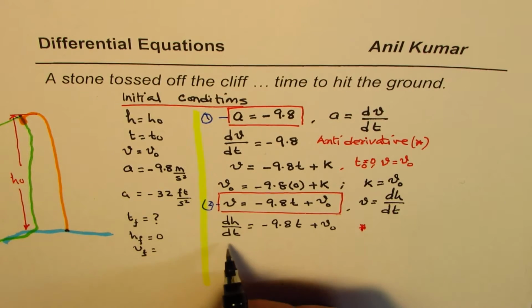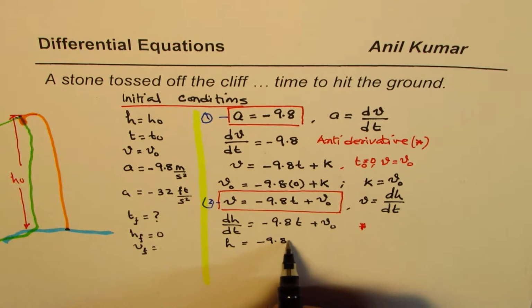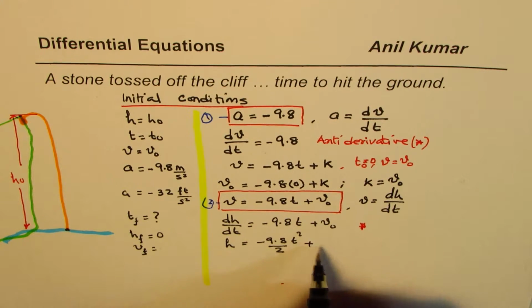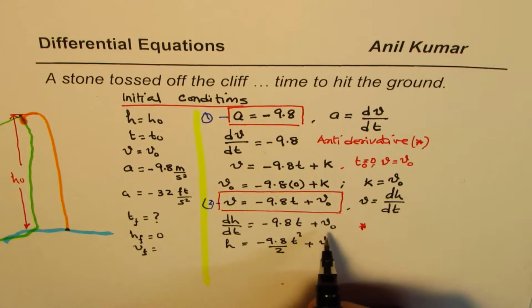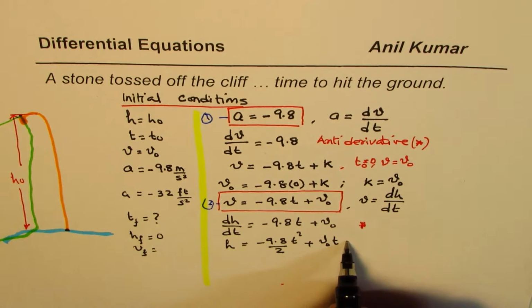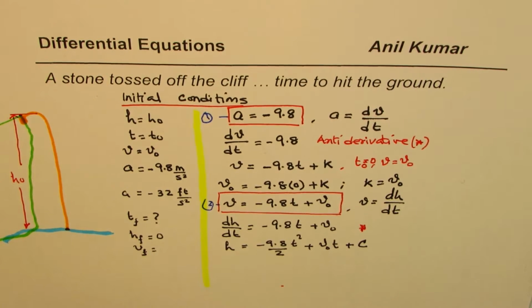And from our past experience, we know this should be minus 9.8 t square divided by 2, right? Plus v0, it is a known constant, will get multiplied by t, and plus some other constant. Let me call this c.